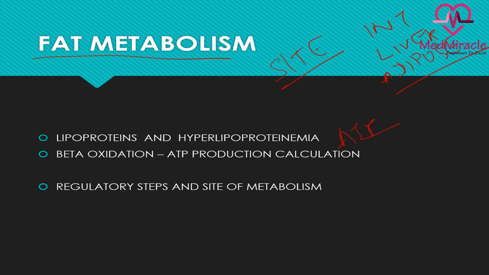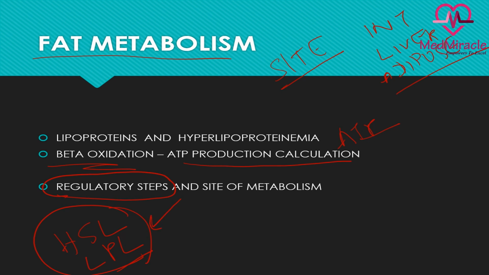In this case, the calculation in beta oxidation, as I have already mentioned. The third point, regulatory steps. Hormone sensitive lipase, lipoprotein lipase, if at all any hormonal control is being exerted, you have to be thorough with that. Site I have already mentioned.